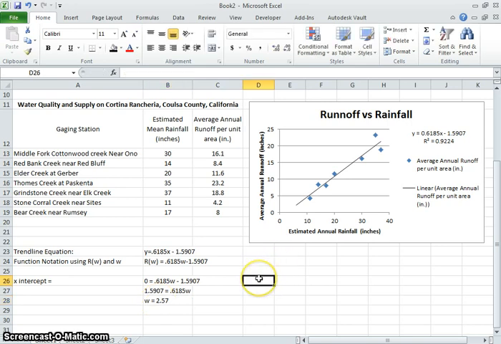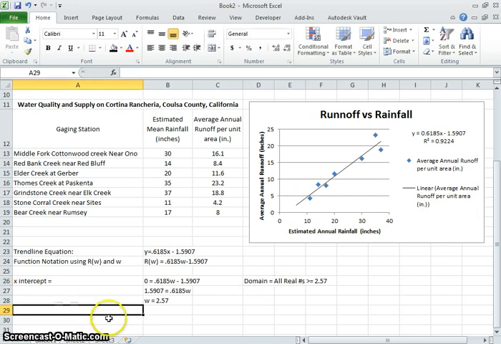So the domain would be equal to all real numbers that are greater than or equal to 2.57. So it's taking whatever this intercept was and saying everything that's there and forward makes sense for x.